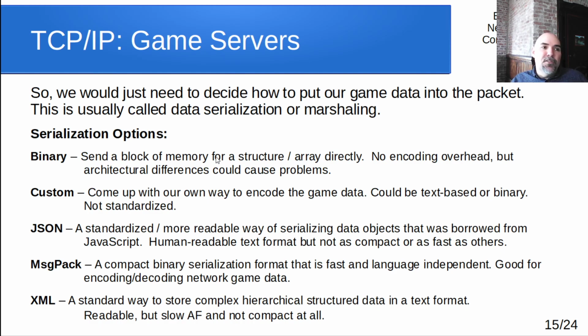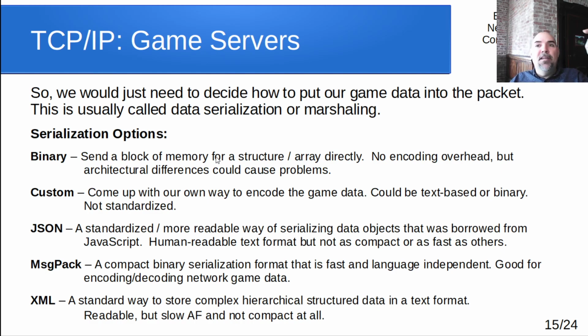For example, if the server is running on, let's say, a big endian architecture and the client is running on a little endian architecture, then suddenly the way the data is represented at a binary level could be different. So it's often useful to encode the data in some way. But notice that with binary, you could say, here's the address of this structure.